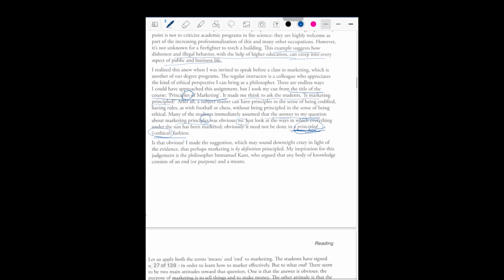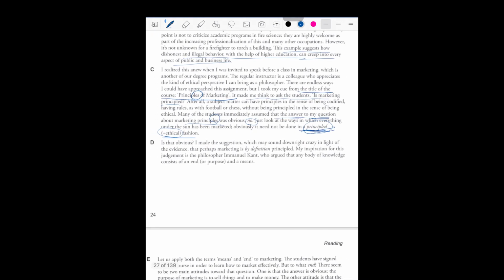Okay, let's look at paragraph D. This is a short paragraph here, so let's just read it. Is that obvious? I made a suggestion which may sound downright crazy in light of the evidence that perhaps marketing is by definition principled.